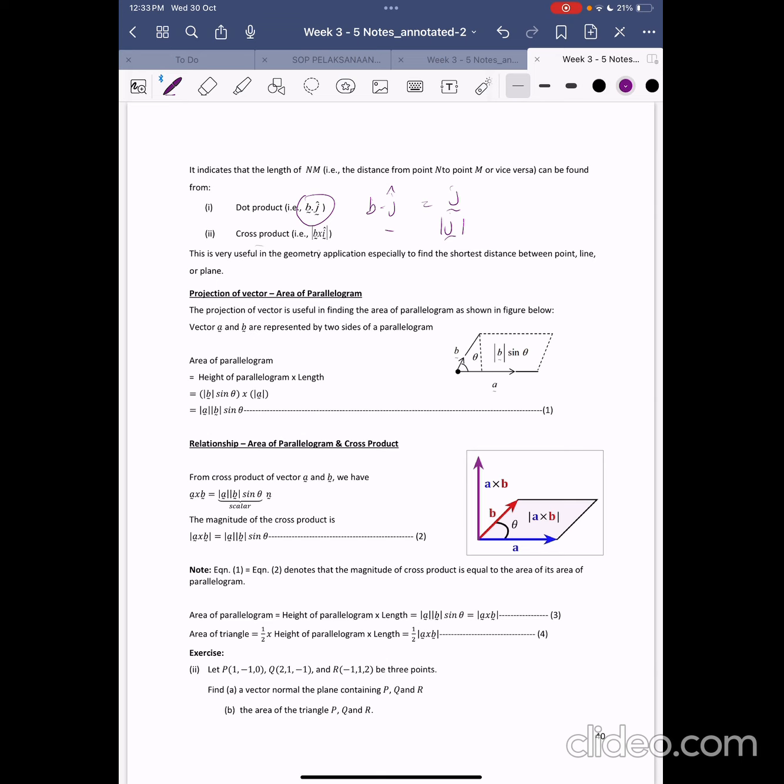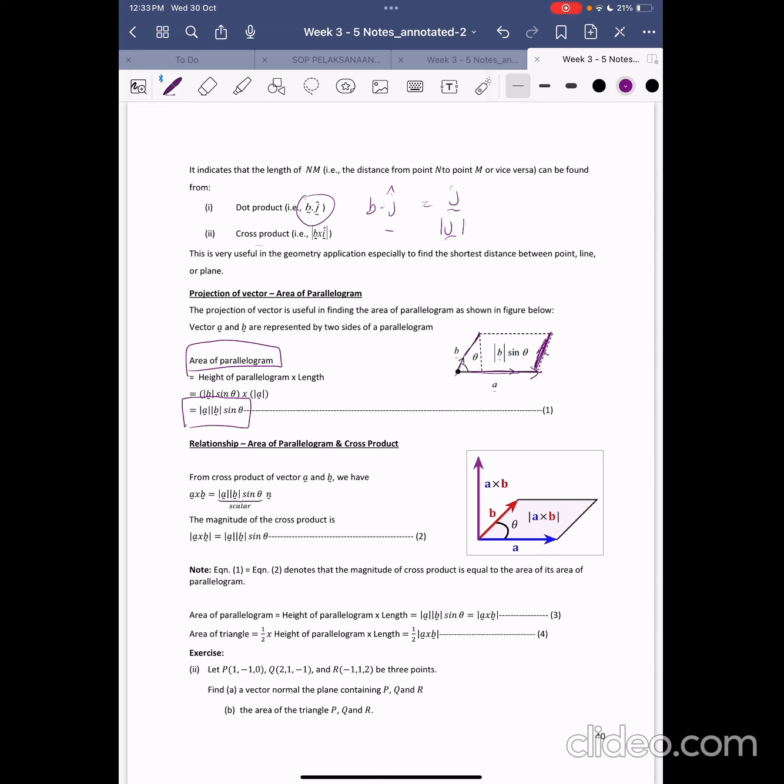So when you know the concept of A and B, the theta is between the vector A and B, you can use it to determine the area of a parallelogram. The area of the parallelogram is shown in here, and A and B here. A can be represented as here and B can be represented as here. This is the same length and also same direction because they are parallel to each other. So A cross B, you multiply magnitude A with magnitude B and sine theta because you are determining at this direction.